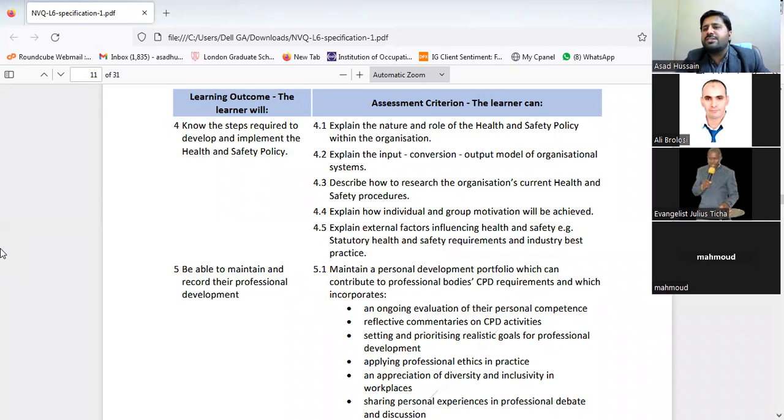You have an organizational model. You will have a plan for how you are conducting the activities in your organization. You should have a model for this purpose. Is it fine?